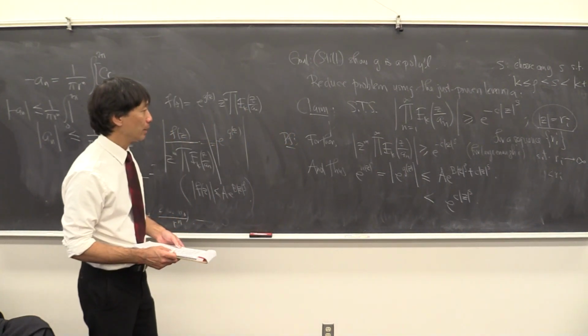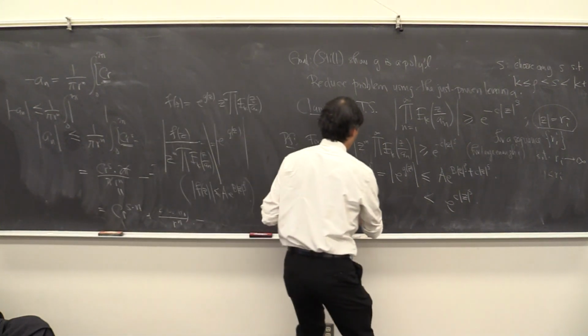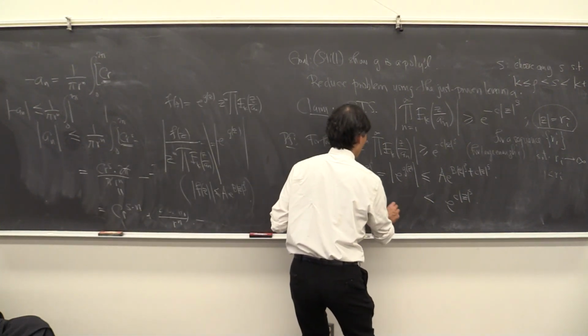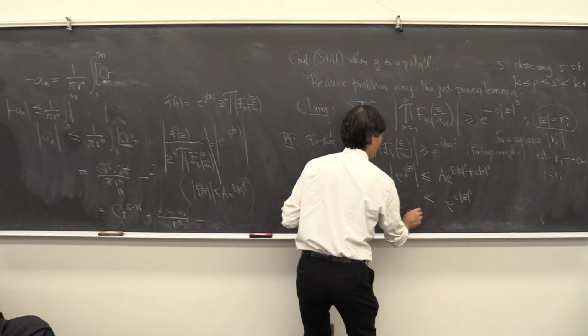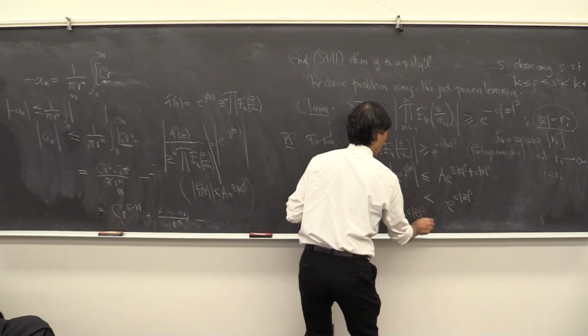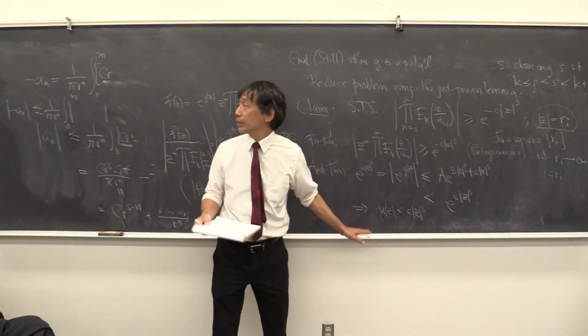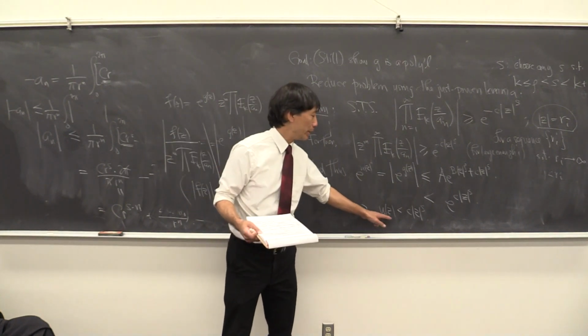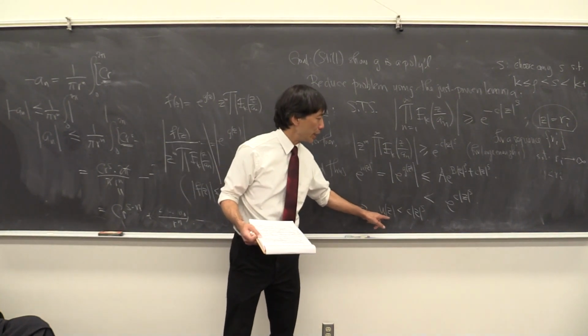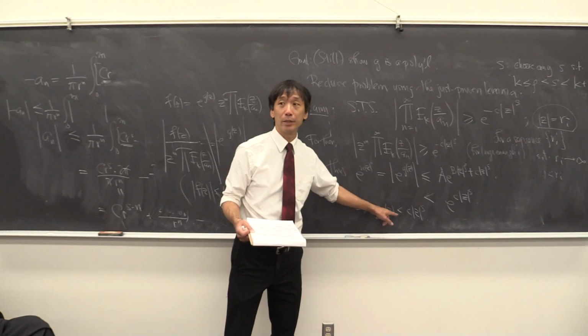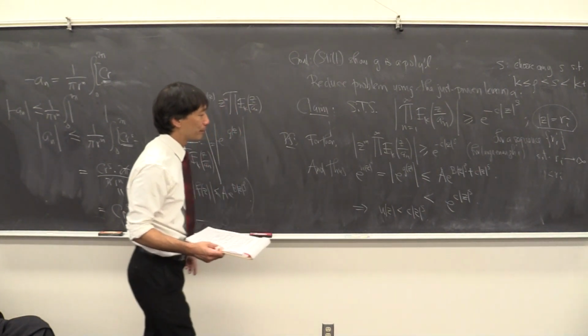But what does that tell you? That tells you that u of z is controlled above by this thing, and that's exactly what we showed. That's what we need to show that g is a polynomial of degree less than or equal to k.